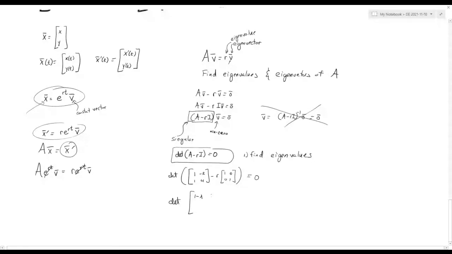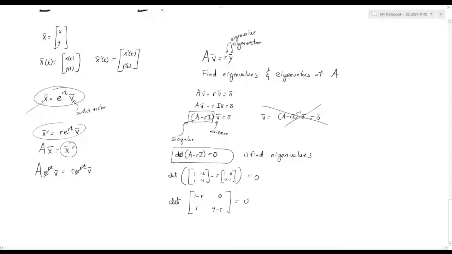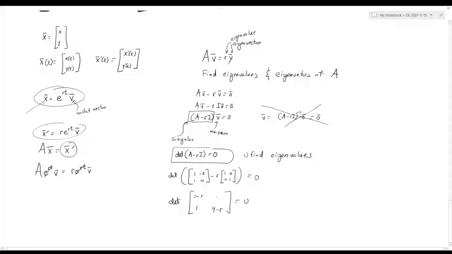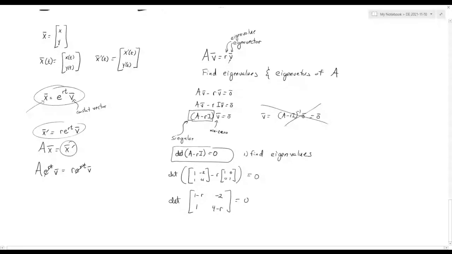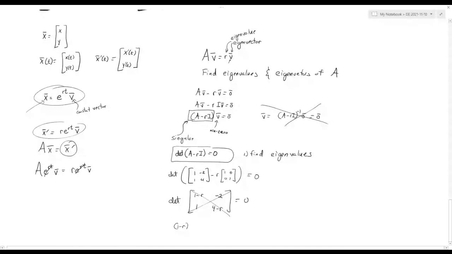It's such a habit to use lambda for eigenvalues. You see? There I go again. Okay, there's no such thing as lambda. So, oh, that's a -2. All right, so let's compute the determinant. You know how to compute the determinant of a 2x2 matrix? Yeah. All right. So we multiply the business out.